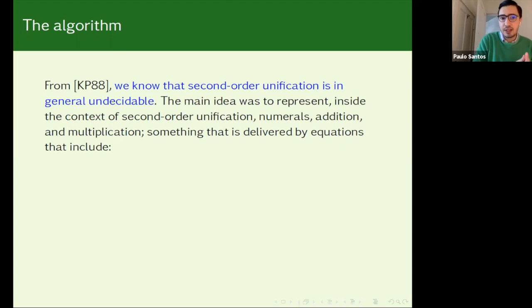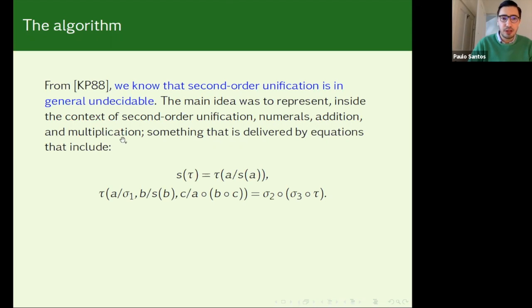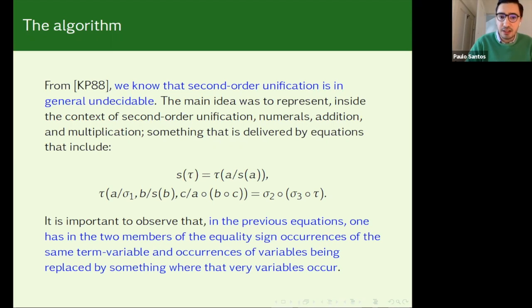The proof is achieved by representing, in the context of second order unification, numerals, addition, and multiplication. And this is delivered by equations that include this one, where S stands for a unary function symbol and this circle for a binary one. And here I'm using the notation of the paper, of course.